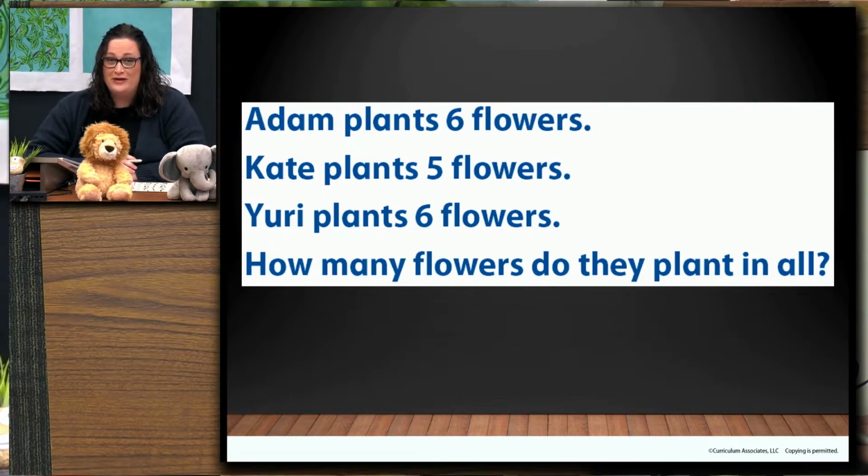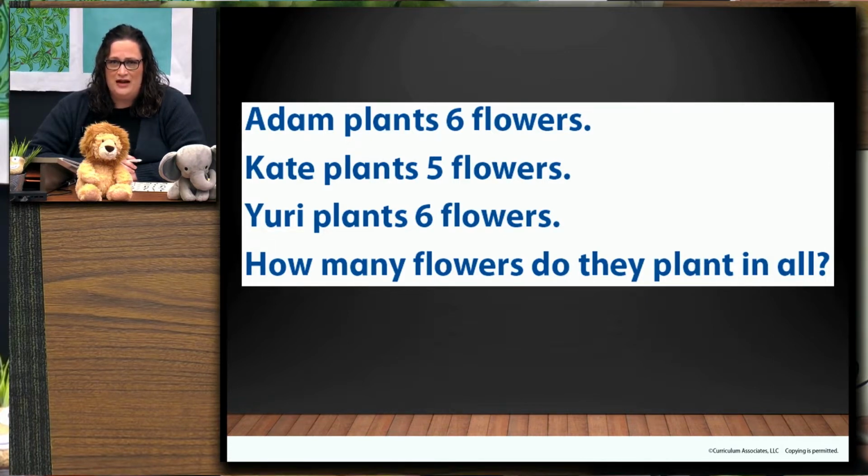Yeah, we have 3 friends that are planting flowers. Okay, I'm going to read it again, and you're going to try to find the question. Adam plants 6 flowers. Kate plants 5 flowers. Yuri plants 6 flowers. How many flowers do they plant in all?